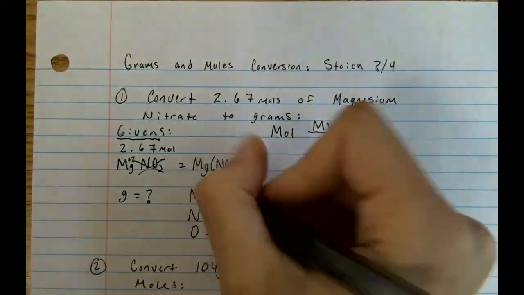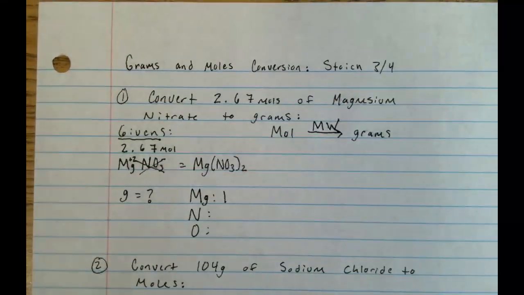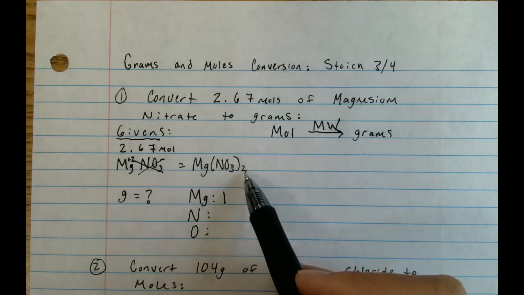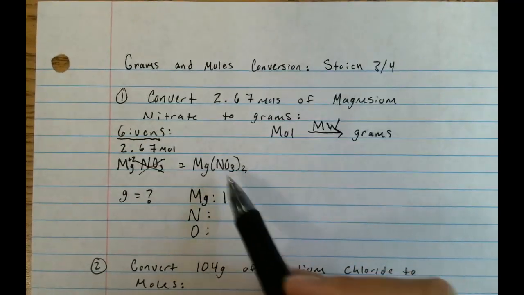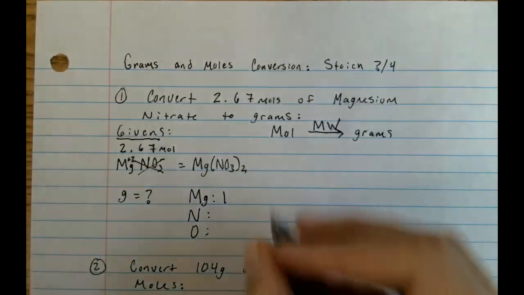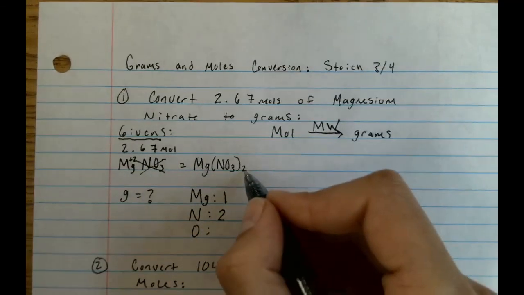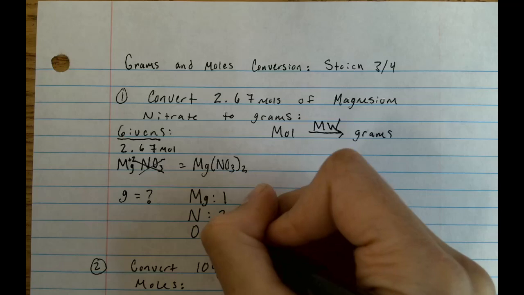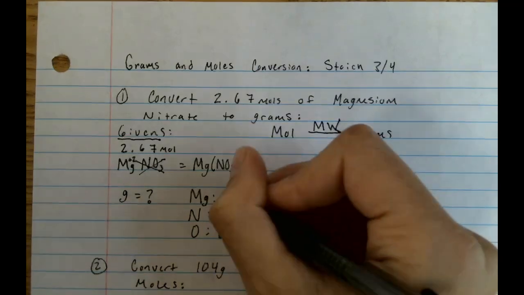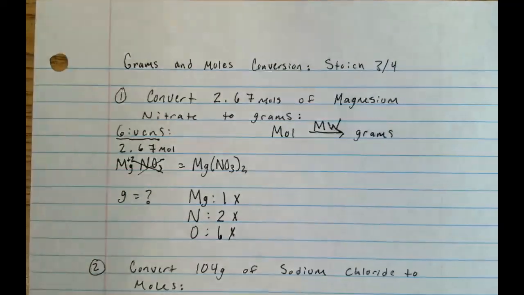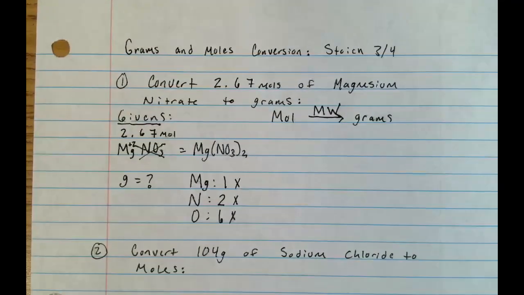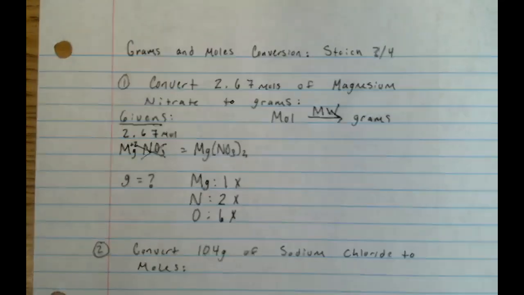So we're going to list off each atom and how many there are. First things first, I have 1 magnesium. But here's the tricky part: I have these parentheses and this 2 out here. So you're essentially going to distribute this 2 to each of those terms. That means I have 2 nitrogens, and that means I actually have 6 oxygens. Then I'm going to multiply by the atomic mass of each of these atoms.